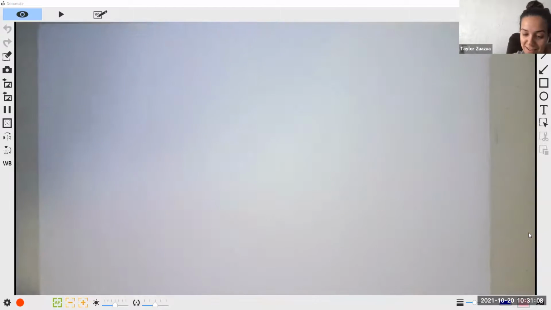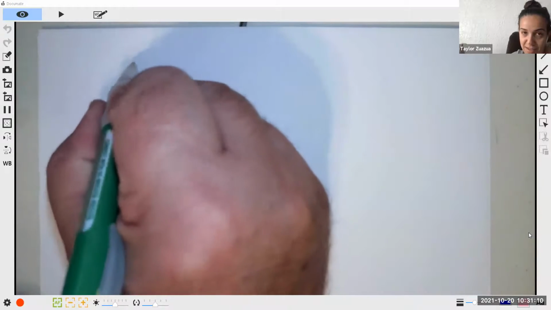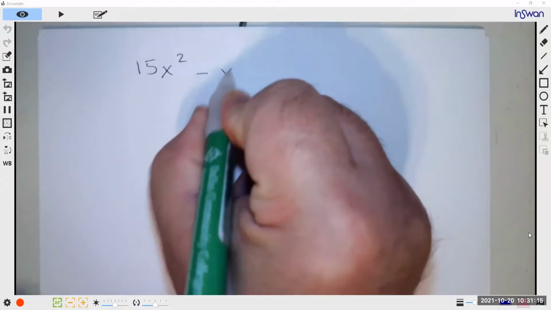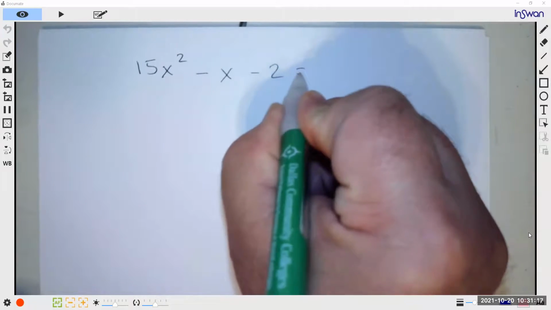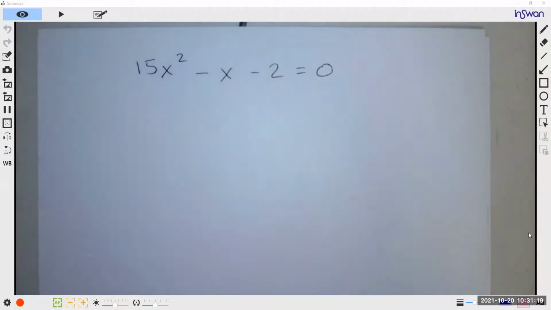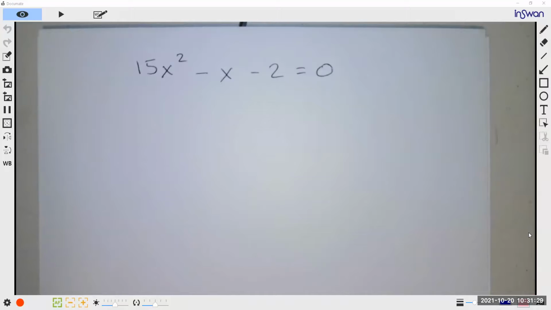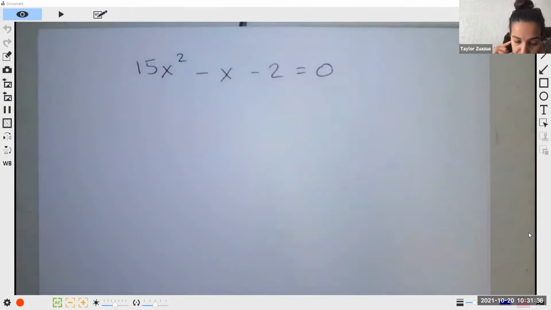Get back to the practice here. 15x² minus x minus 2 equals 0. Okay, so we're going to do the parentheses, and then you bring down the 15x.